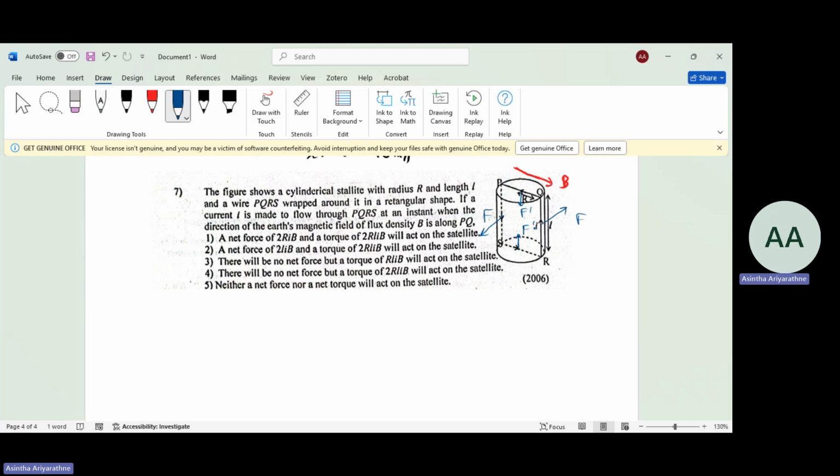There will be a force couple. The force is F, and so the net force will be zero.